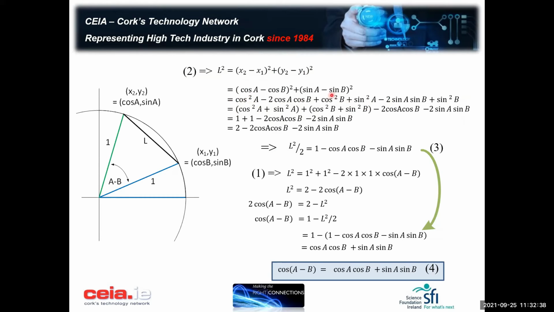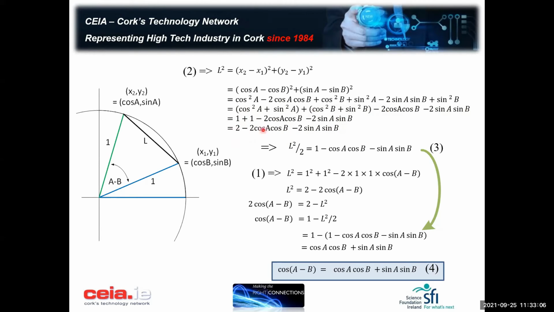So we see this term here, we group them together. We also have a cosine squared B and a sine squared B. We group them together, and we leave the other terms as they are. And now we can replace this cosine squared plus sine squared by 1, and this cosine squared and sine squared by 1, and leave the other terms and add those ones together. We got this.